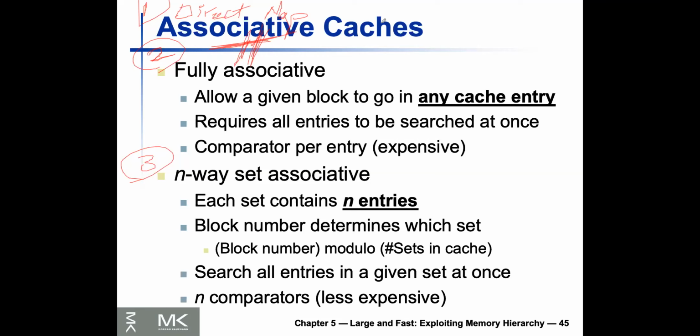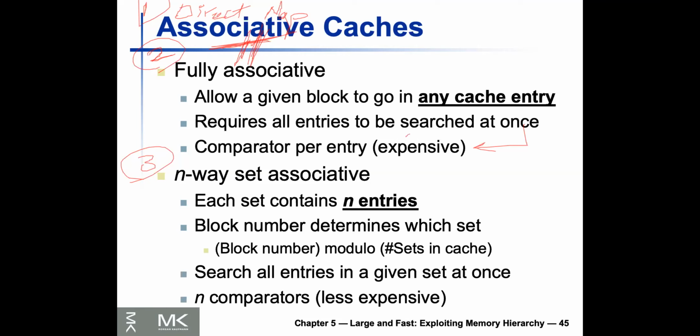That's why we have a requirement that all the entries be searched at once. In order to do that, we need to spend hardware, so it's going to get more expensive. We need comparators per entry to compare the values for all of those blocks, which in hardware is always expensive, right?